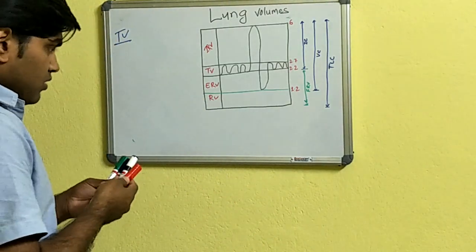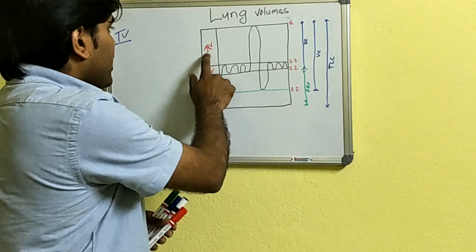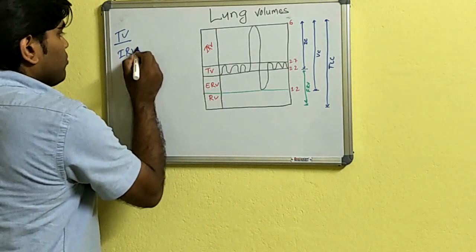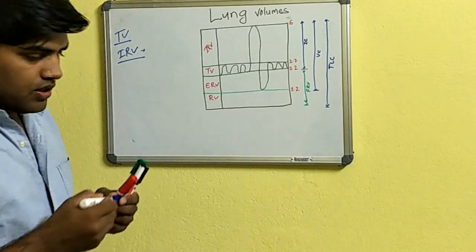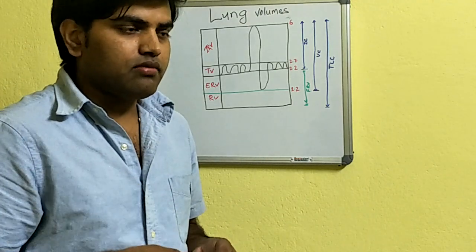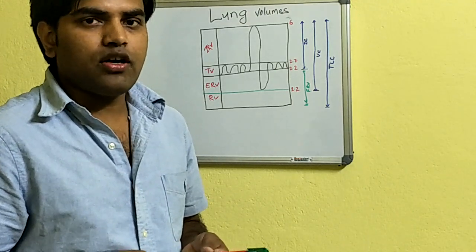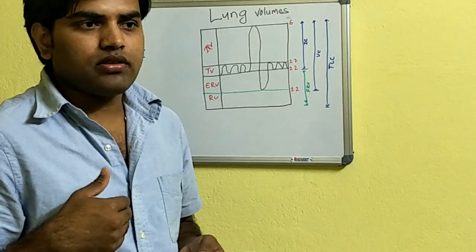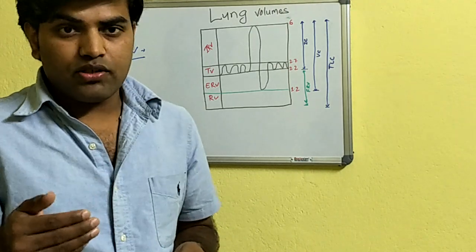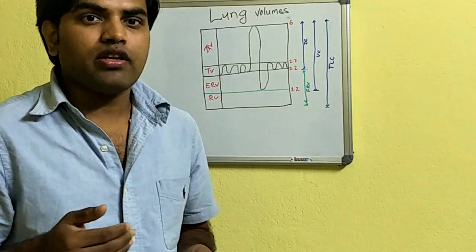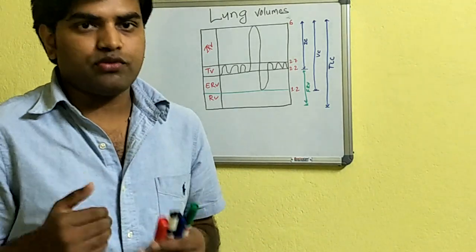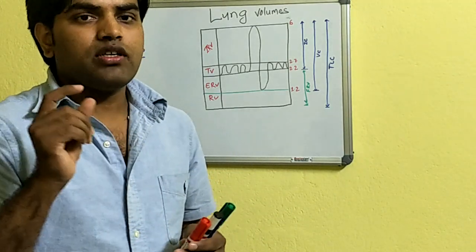Then there is a term called inspiratory reserve volume, IRV. What does that mean? Suppose we are taking a tidal inspiration, and then tidal expiration. But after tidal inspiration, the extra amount of air that can be inspired forcefully is called the inspiratory reserve volume.